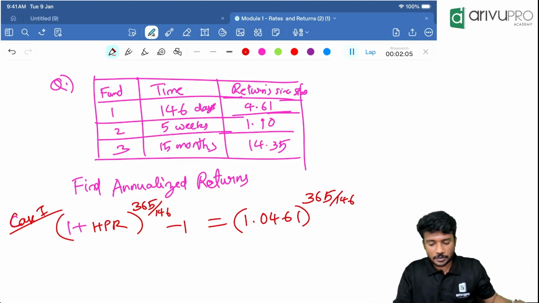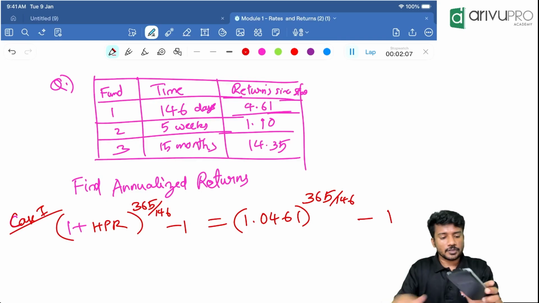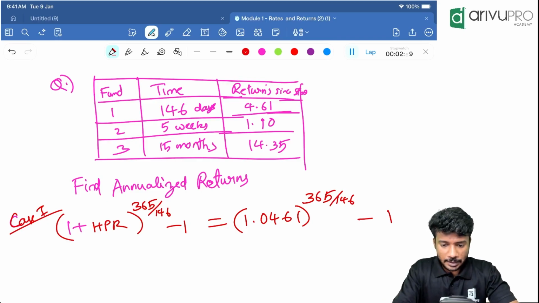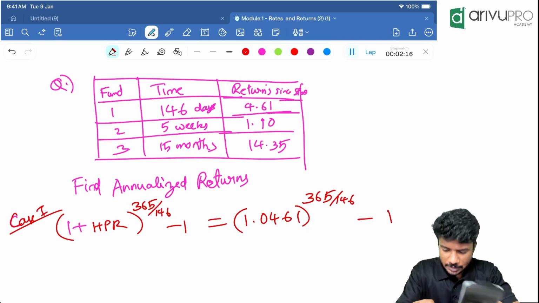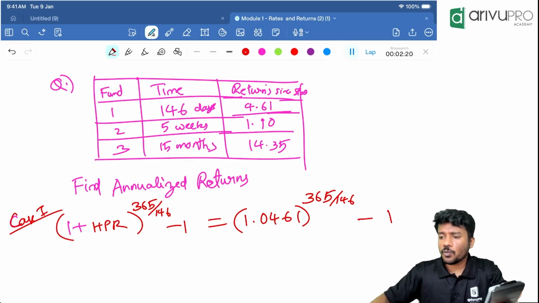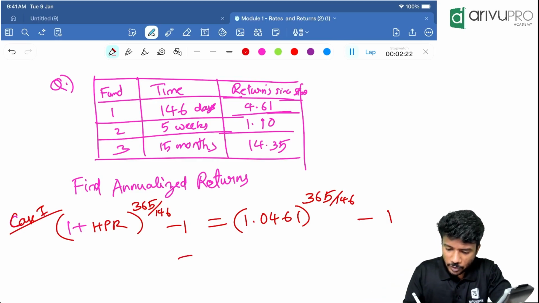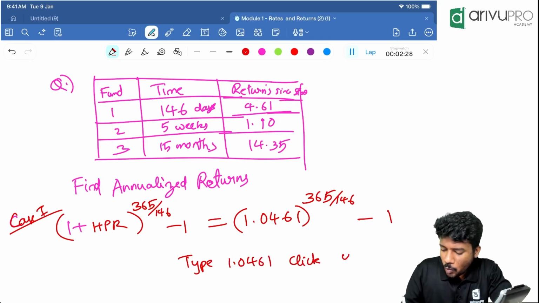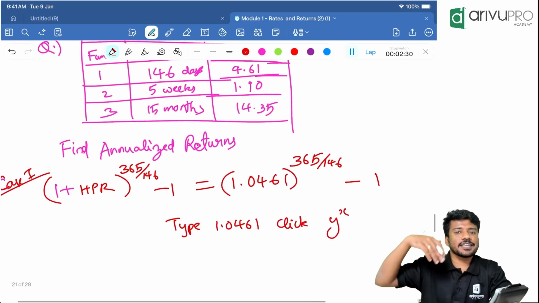How will you do this on the calculator? Clear everything, then type 1.0461. Then you raise it to the power, so click y raised to x. That means we are taking the power.